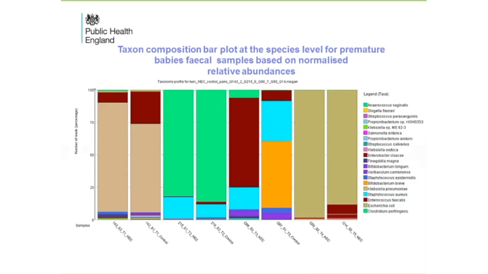When we compare these further, we noticed in the taxonomical composition that every two pairs are next to each other. We noticed that in babies, even a diseased baby, their flora was more closely related to their twin than to any other premature baby that had the same disease. So the microbial flora seems to be stable and very similar, and there were minor variations between the set of twins compared to any other groups of patients.